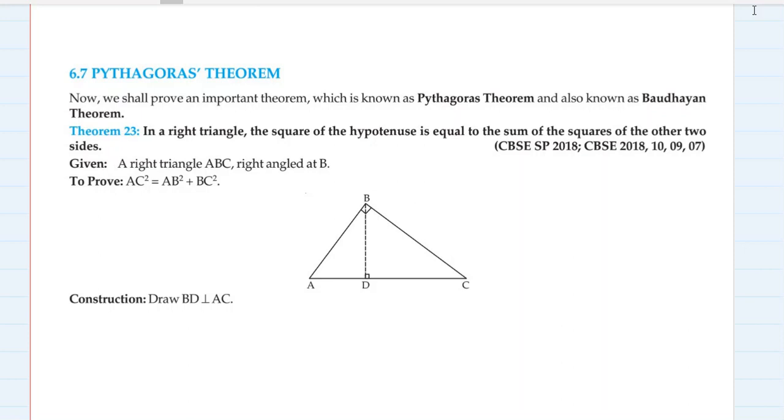So it should be known as Bodhayan rule or Bodhayan theorem. But because your school, your syllabus, they've chosen to call it Pythagoras theorem, and throughout the world it is known as Pythagoras theorem, we will also call it Pythagoras theorem.